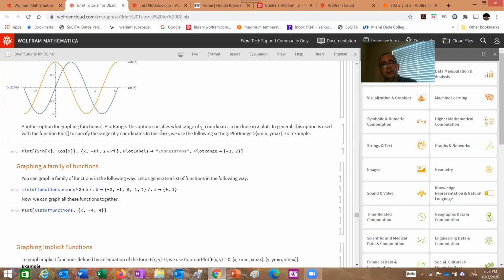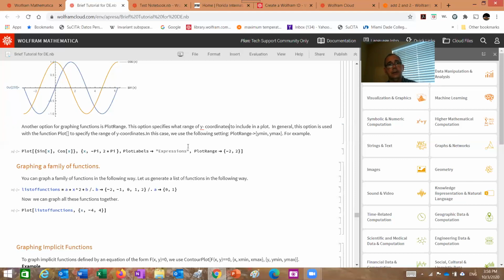In some other cases, we can use the range to express the range of each one of the coordinates, but in this case, it's going to be the range of only the y coordinate, to include in the plot. In general, this option is used with Plot to specify the range of the y coordinates.